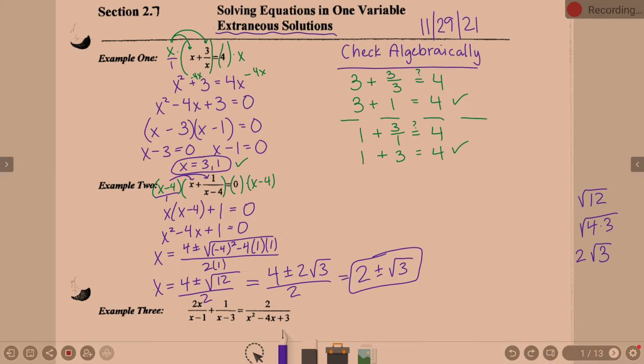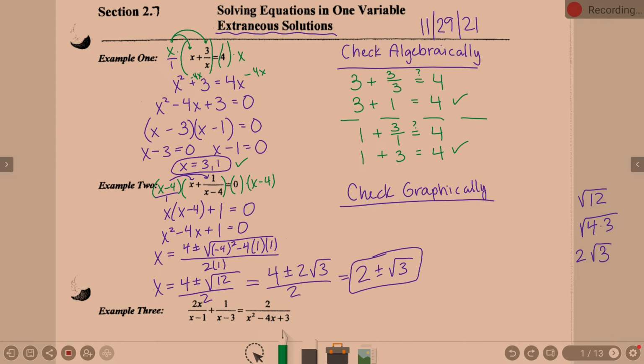And so in order to check this graphically, which is what we're going to do next, we're going to graph the equation. Now, in order to graph this equation, basically it has to be equal to 0, which we already have it equal to 0.